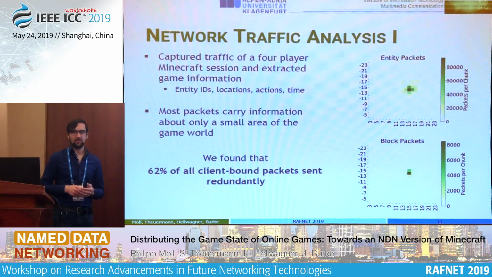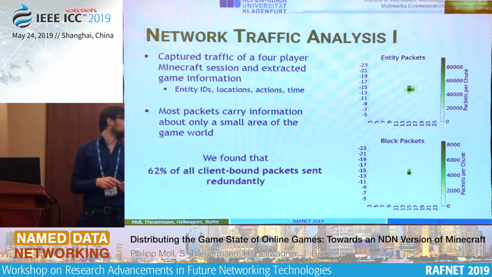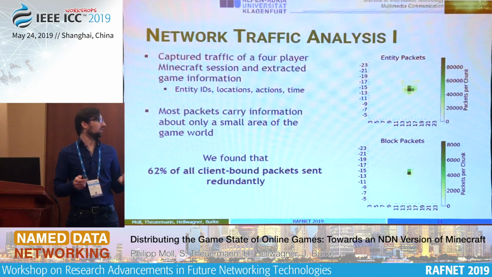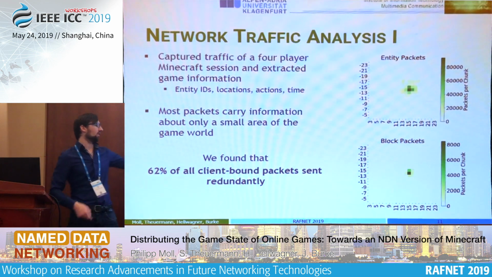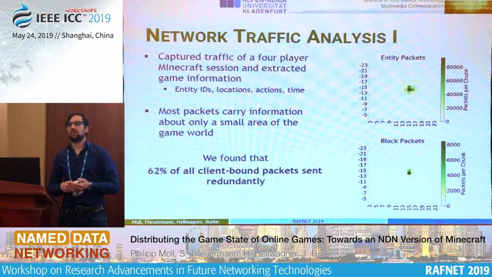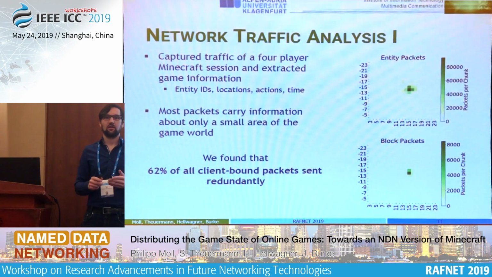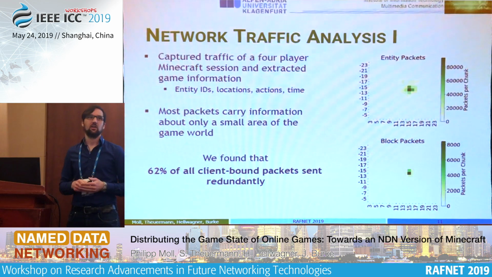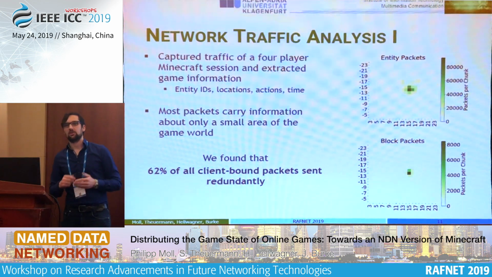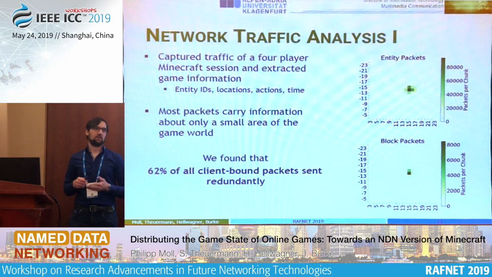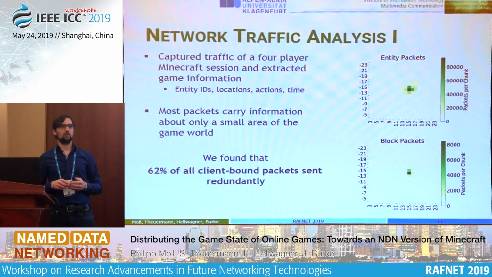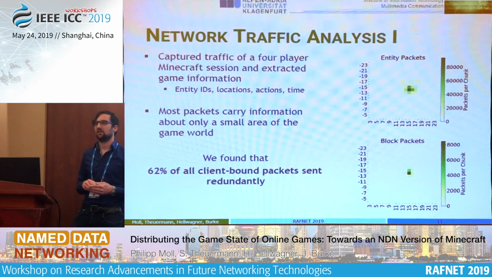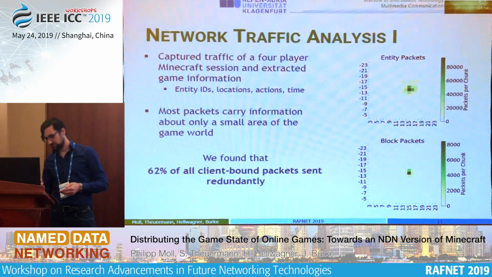Looking more deeply into the packets, we saw that that's really true. Basically, 62% of all traffic which was sent from the server to the clients was sent redundantly. When using efficient multicasting systems like we have in NDN, we could reduce this redundant amount of traffic.